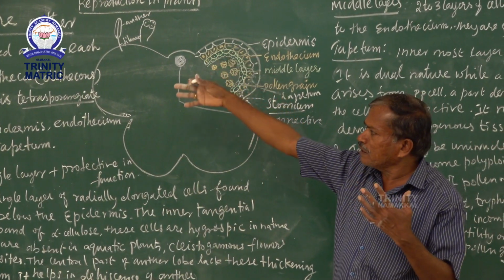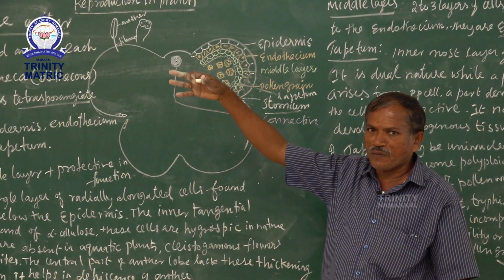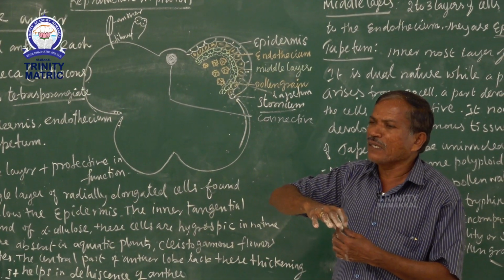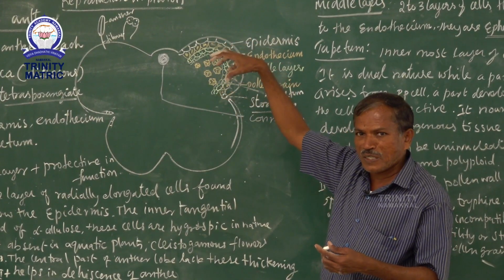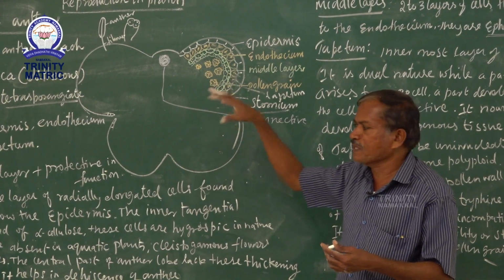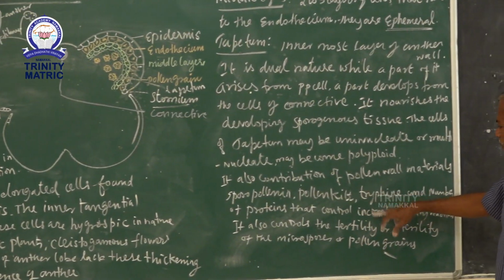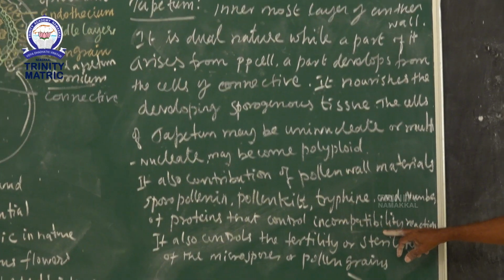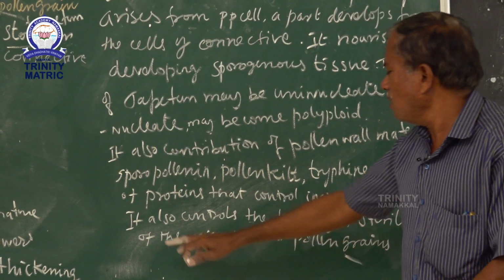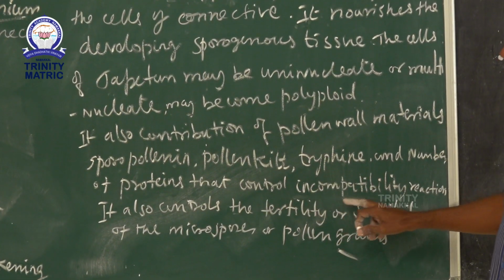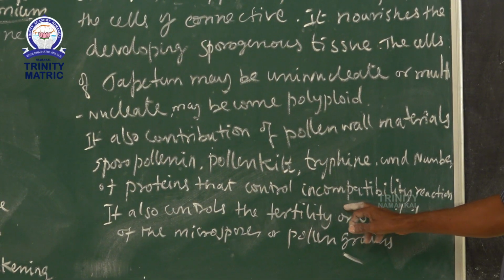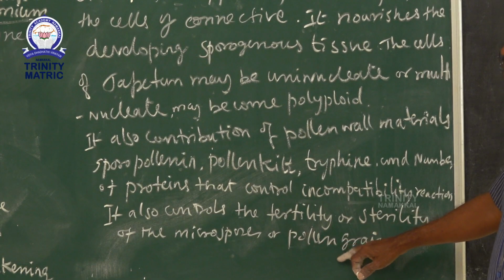But suppose in this area a large number of flowers dehisce at the same time, so many pollen grains fall on the stigma. They will not germinate on the stigmatic lobe. This is incompatibility. And it also controls the fertility and sterility of the microspores or pollen grains.